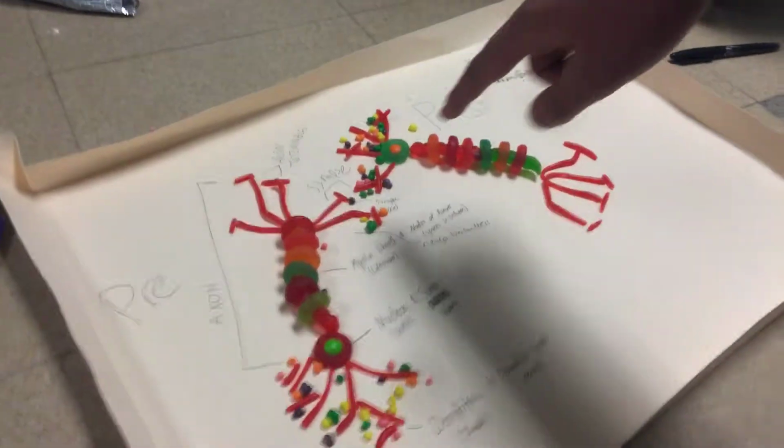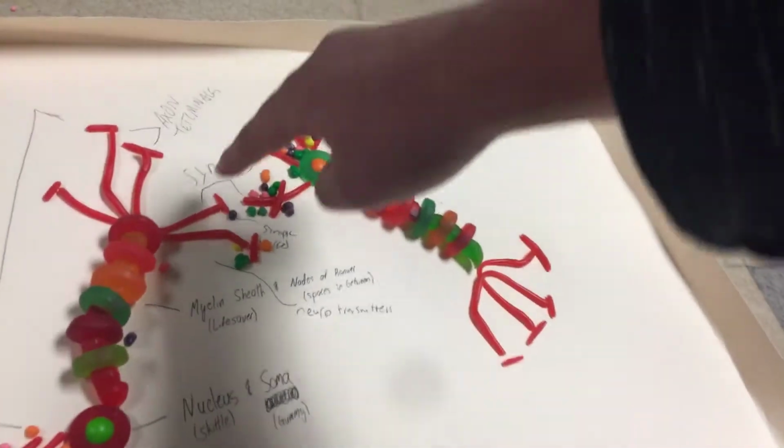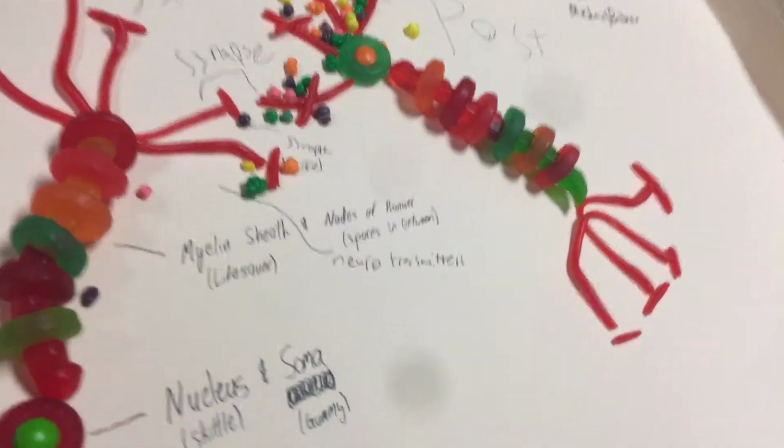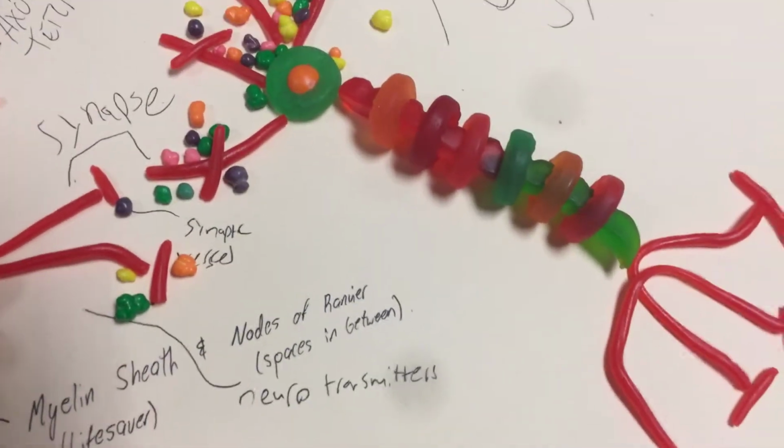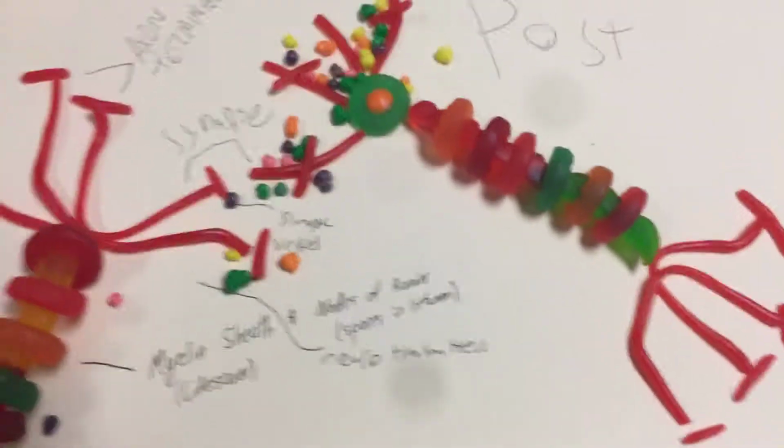Michael Bonner. Okay, so the synaptic vesicle is located right here, right there, and it stores the neurotransmitters to be sent to the other nerve.